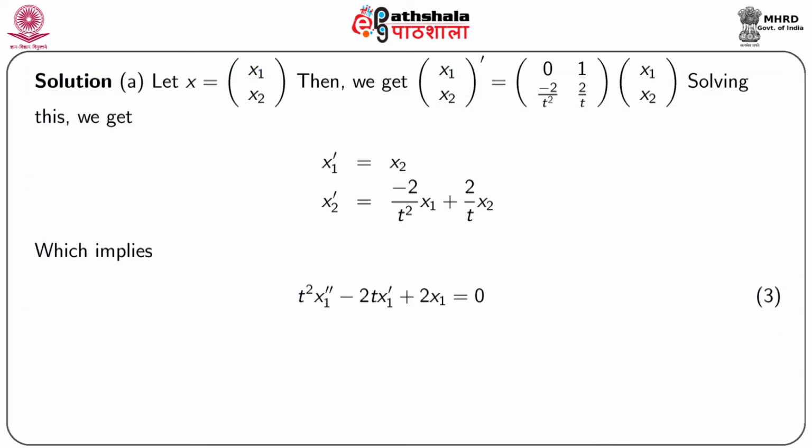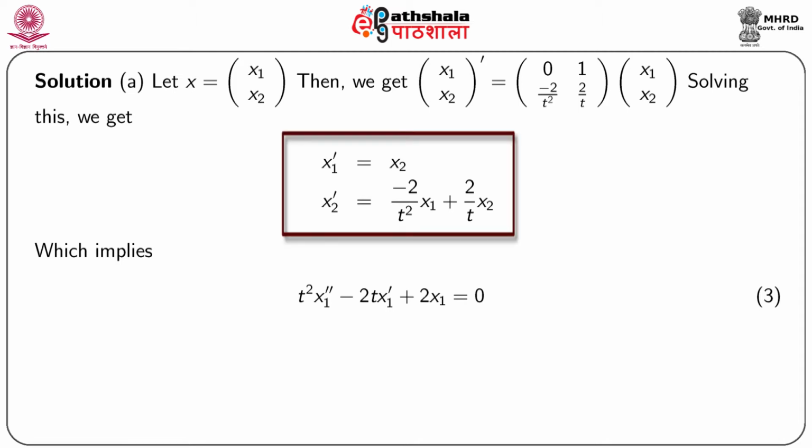Let x equal to (x1, x2), and then we get (x1 dash, x2 dash) equal to [0, 1; minus 2 by t square, 2 by t] times (x1, x2). Expanding this system, we get x1 dash equal to x2 and x2 dash equal to minus 2 by t square x1 plus 2 by t x2.